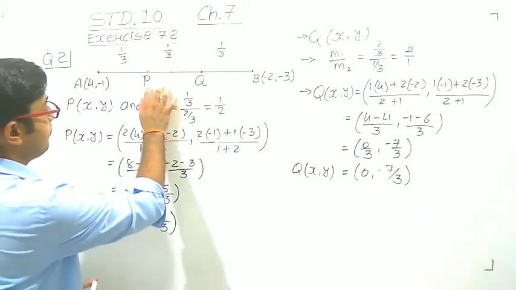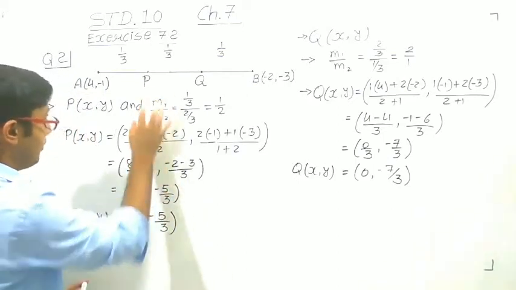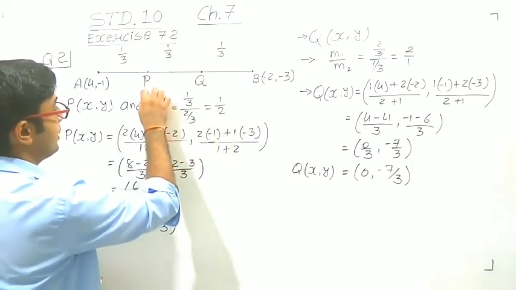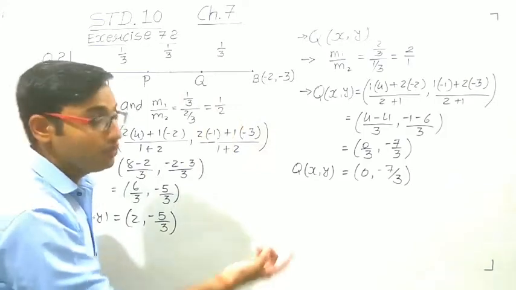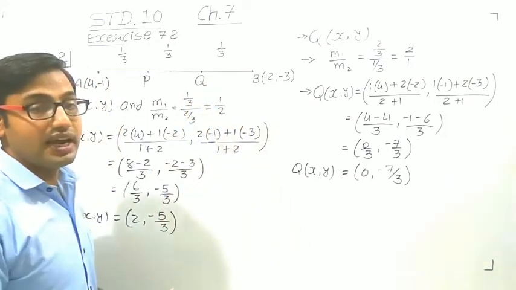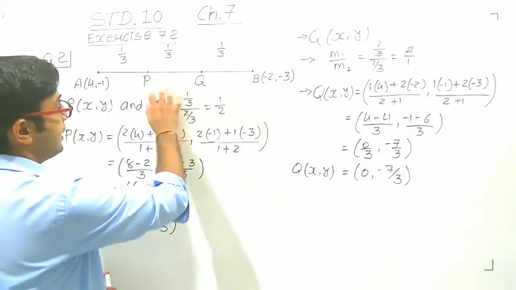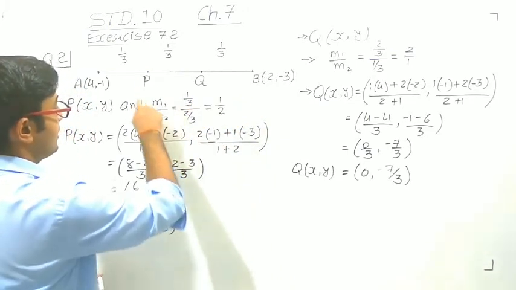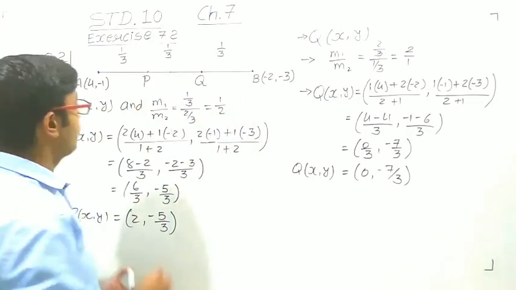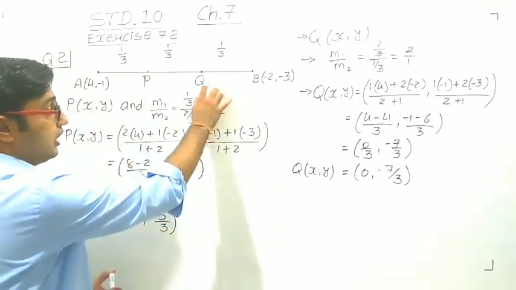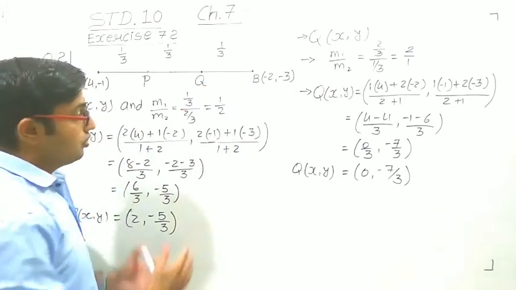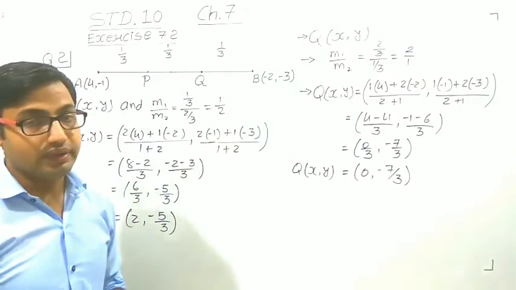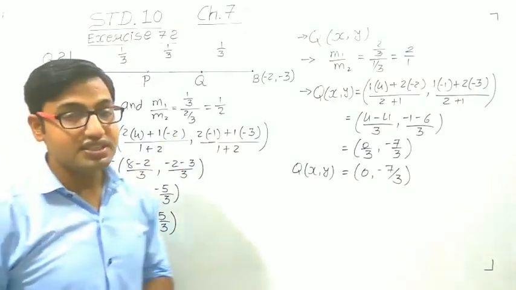When we find the point P, see, first of all we have found the point P. Now P to B, we can take this point as x1 y1 and this point as x2 y2, and Q is where? Q is at the center of P and B. So here we can also use this method of considering the point P and B, right? We do not have to consider point A while we calculate the coordinate of the Q. So it is up to you how you can understand, you can also calculate that way. Okay, so this is all about this lecture.